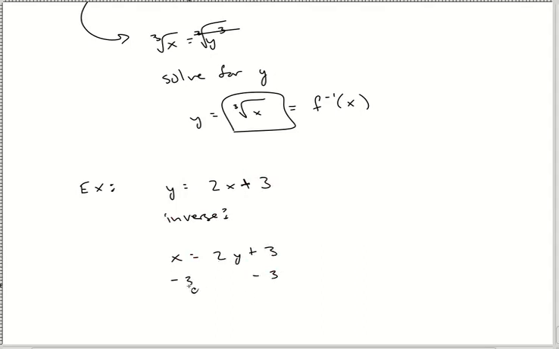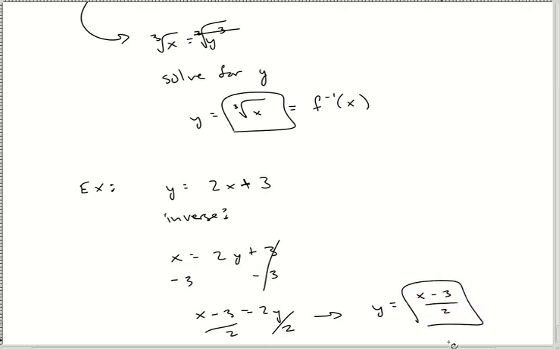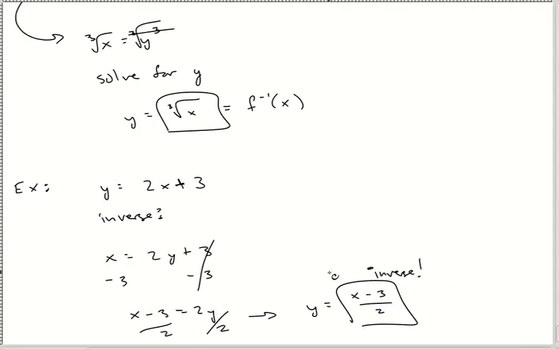So minus 3 on both sides. Divide by the 2 on both sides. So I got y is equal to x minus 3 all over 2. That's my inverse right there.